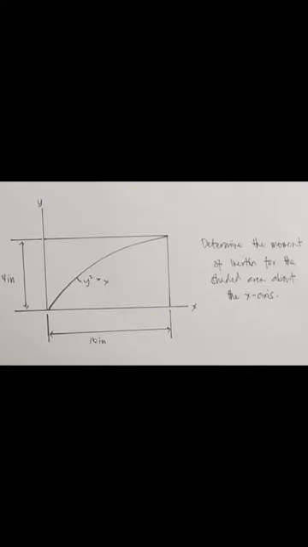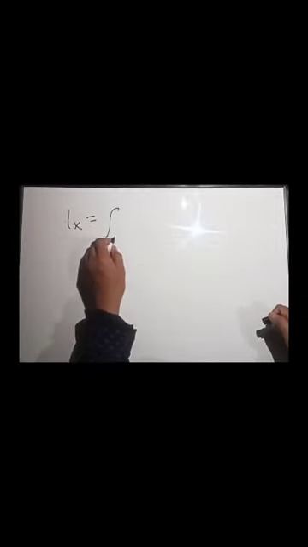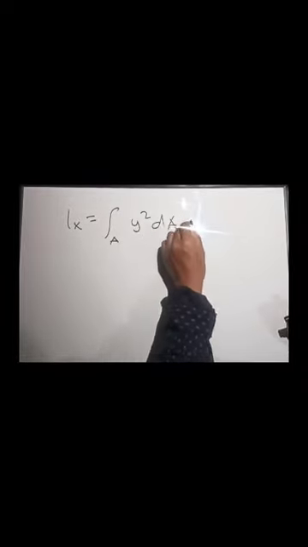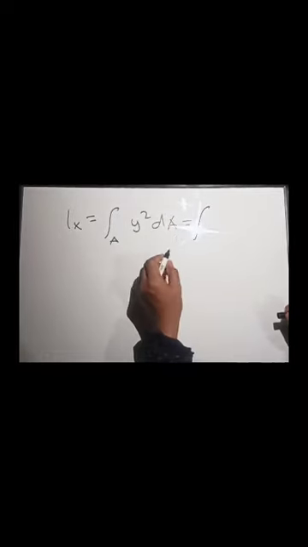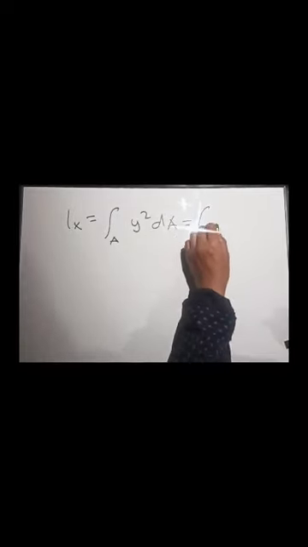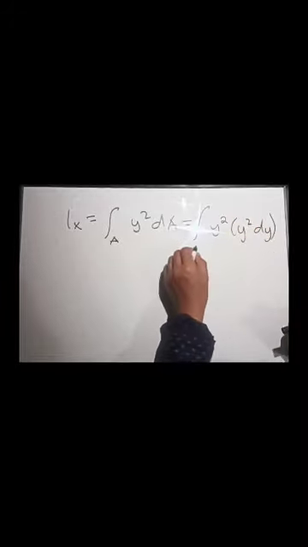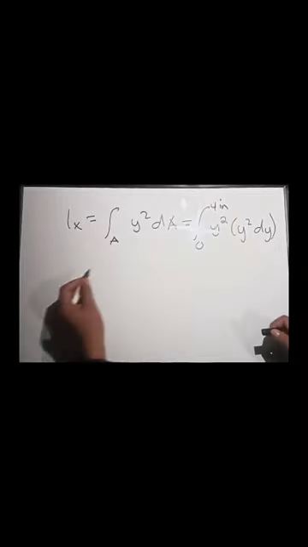So we have now in the another problem, which is determine the moment of inertia for the shaded area about the x-axis. The area of differential element parallel with the x-axis, inertia x is equal to integral of y squared dA is equal to, so now we have y squared times y squared dy, 0 to 4 inches.